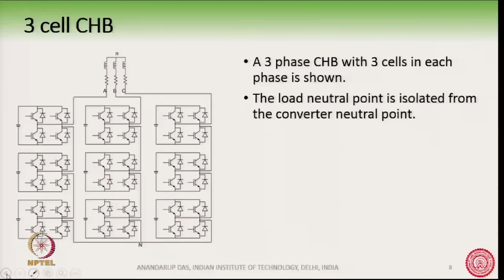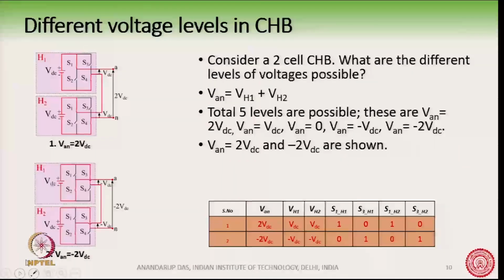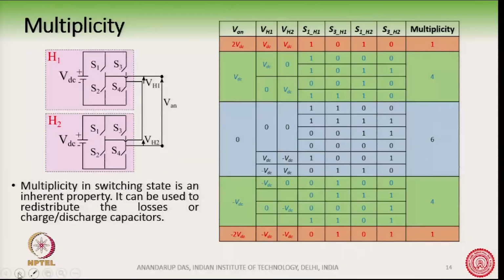So, if we quickly go over, this is one 3 cell CHB, the full converter, where there are 3 cells in each leg and there are 3 phases, and this is a closer representation of how the converter looks like, where we have shown how the DC bus is formed, and then there are these different types of levels and how they are generated using different combinations of switches, and we also talked about the multiplicity of switch.